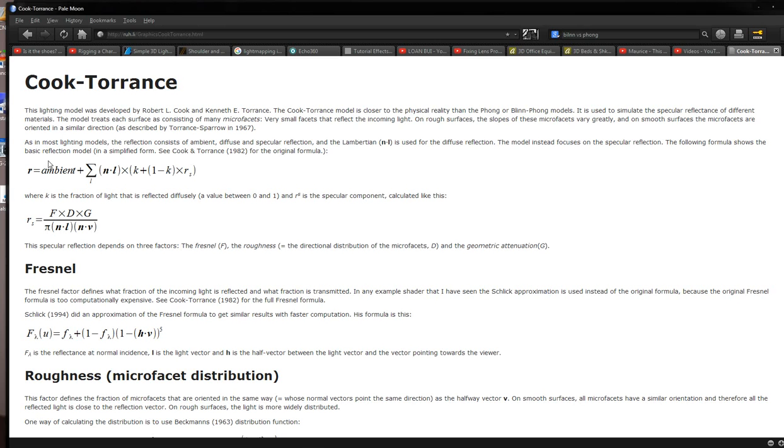Basically, we're taking the sum of all the different n dot l's times a constant plus 1 minus a constant times r. That's what r stands for, and that's just one half of the equation. But you don't really need to know this. The only form of the Cook-Torrance function that you need to pay attention to is this right here.